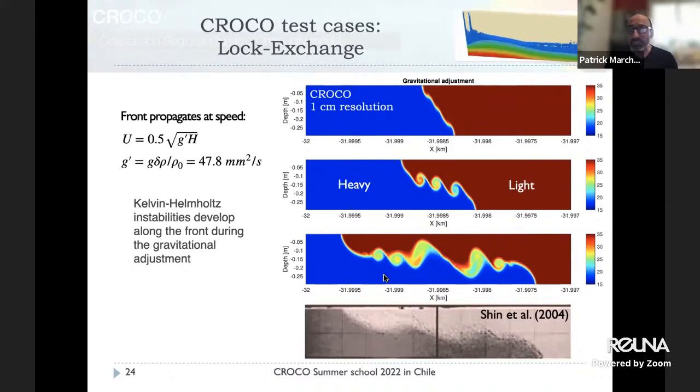We have some kind of analytical solution for that, but not for the instability, just for the wave propagation. And we know that the wave propagation depends on the reduced gravity, that is, on the difference of density between the two fluids. And of course, the instability will be also to some extent.